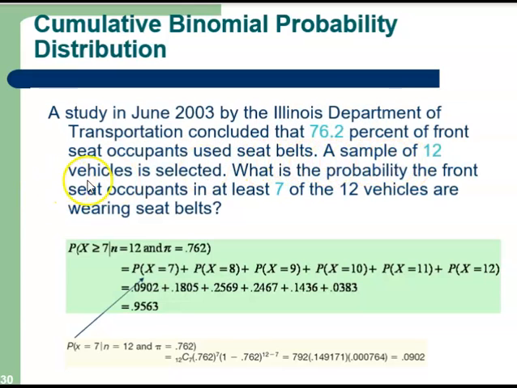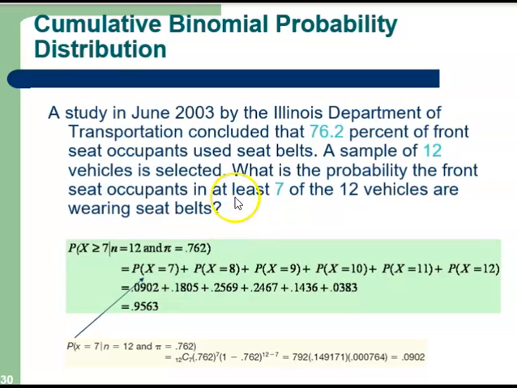A sample of 12 vehicles is selected. How many samples? 12 samples. What is the probability the front seat occupants in at least 7, meaning 7 or 8 or 9 or 10 or 11 or 12 vehicles, are wearing seatbelts, right?